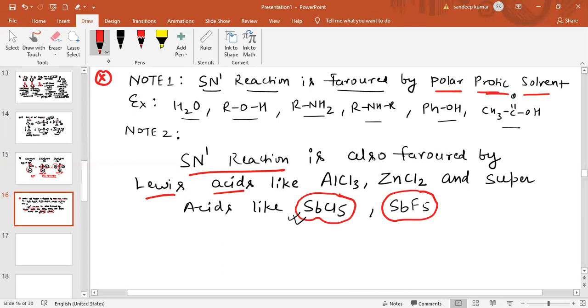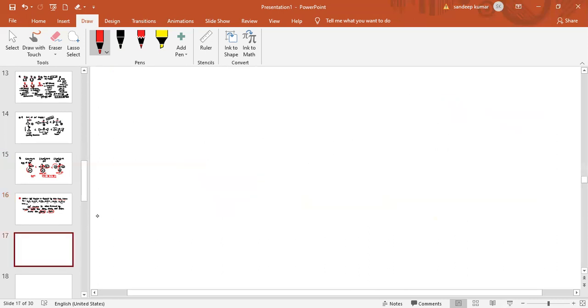Now we will discuss nucleophilic substitution reaction via second order. So next we are going to discuss the SN2 reaction.